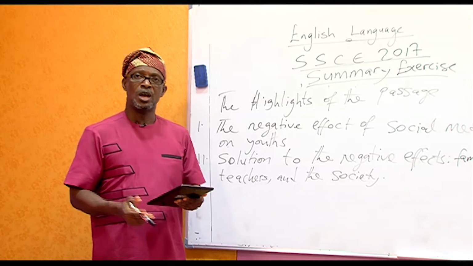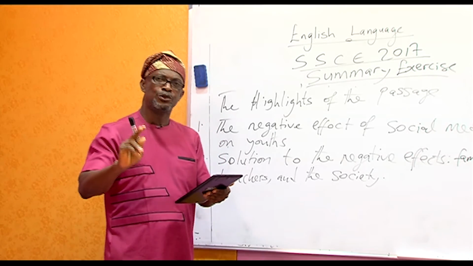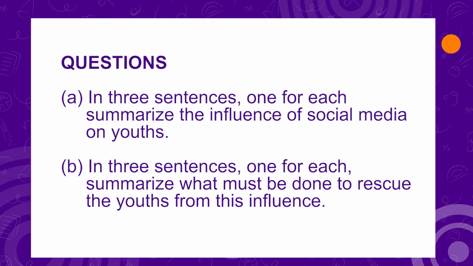And that is where we are going to. So the two questions are these. They are in two levels. Level A, in 3 sentences, one for each, summarize the influence of social media on the youth. And level B is saying, in 3 sentences, one for each, summarize what must be done to rescue the youth from this influence.